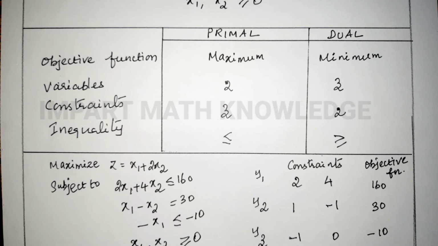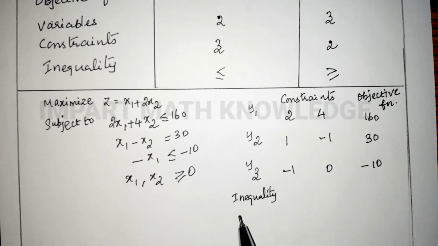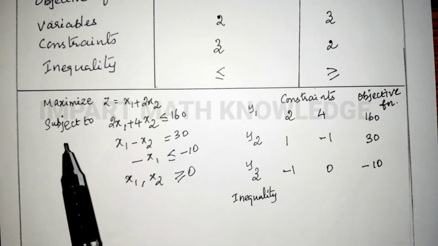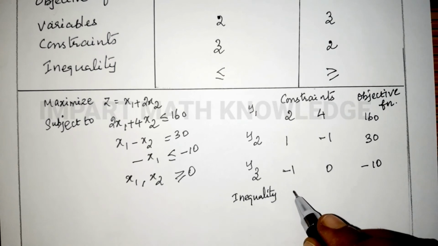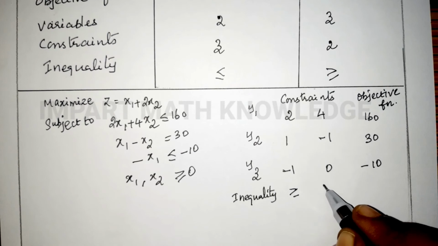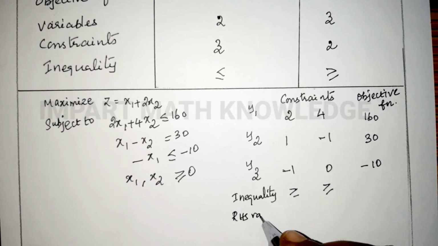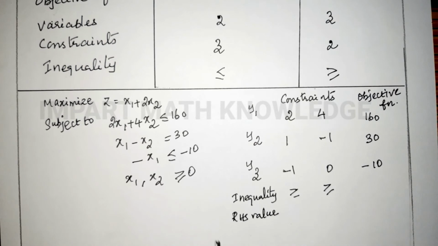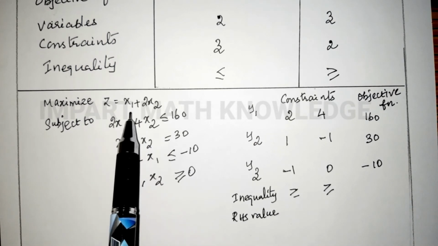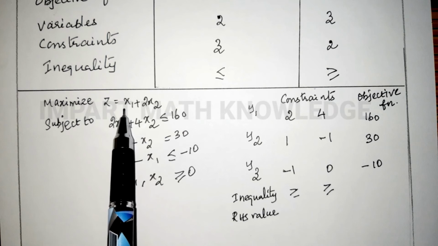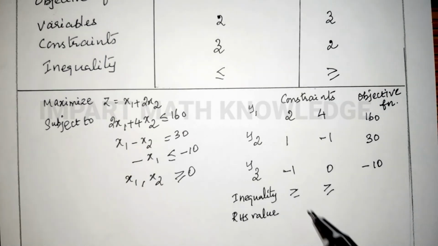Now the inequalities in the dual problem: your objective function is minimum, so the inequality should be greater than or equal to. The RHS values are the coefficients of the objective function in the primal problem, that is 1 and 2.